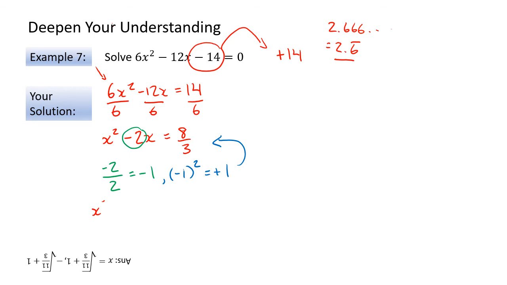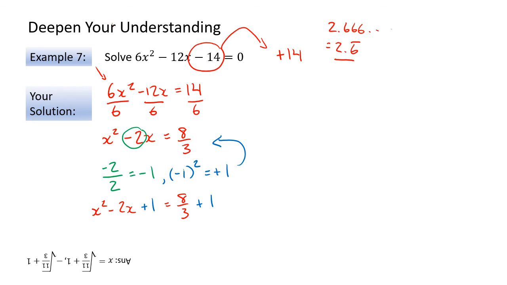So this becomes x squared minus 2x plus 1 is equal to 8 divided by 3 plus 1 again. You have to do what you do to one side of the equation to the other.